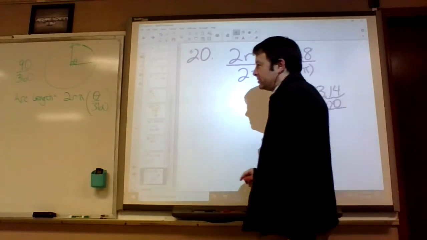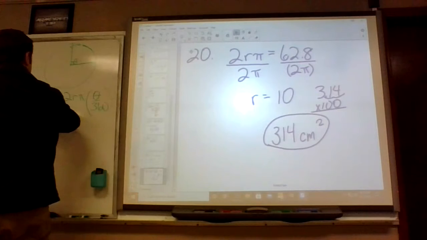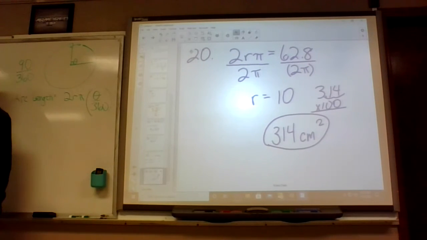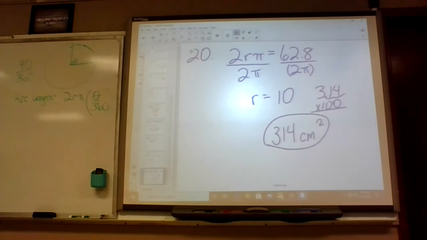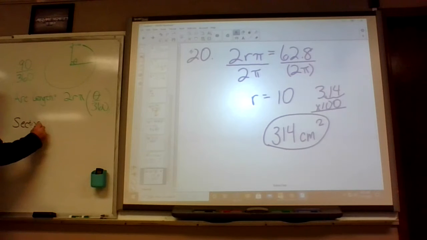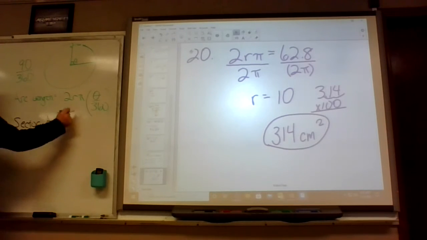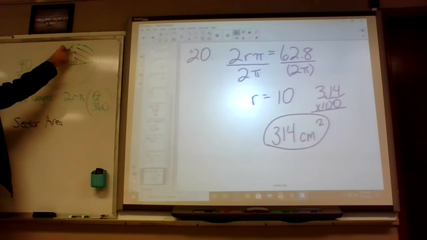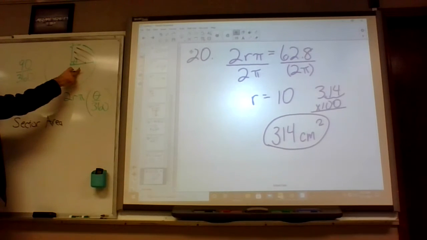Alright, 22, sector area. Okay, so just as arc length is a fraction of the circumference, the sector area is a fraction of the circle's area.